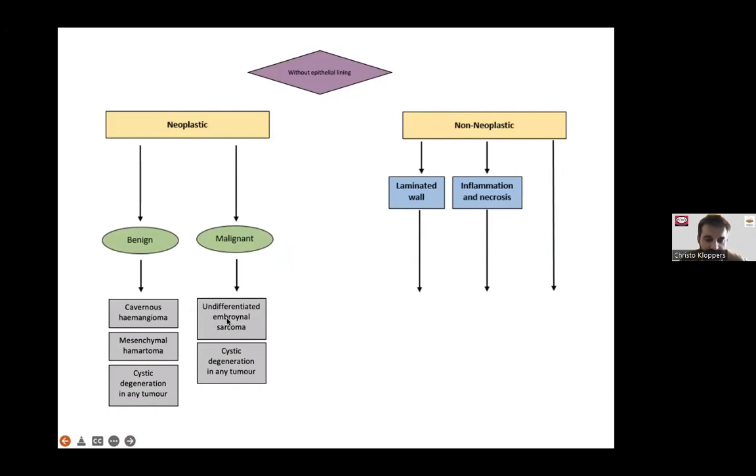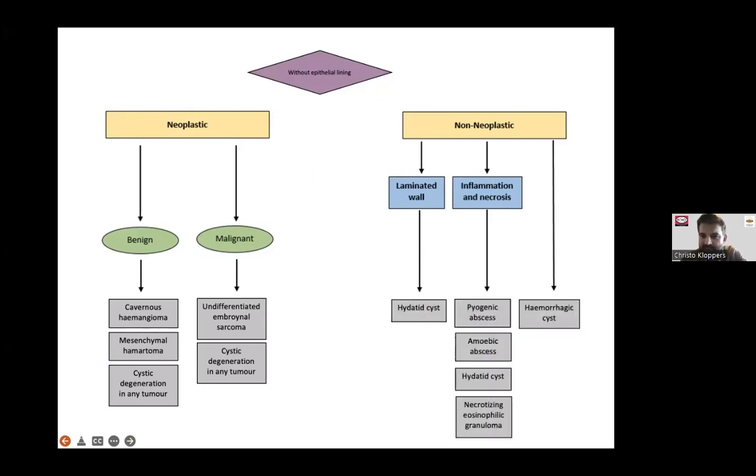That's normally in children if we talk about liver, or a cystic degeneration of any tumor. The ones that spring to mind are neuroendocrine tumors, HCCs, but it could be any tumor. Benign ones, funny enough, hemangiomas do get classified as a cystic liver lesion, pathological, hamartomas, and again, cystic degeneration in any benign tumor.